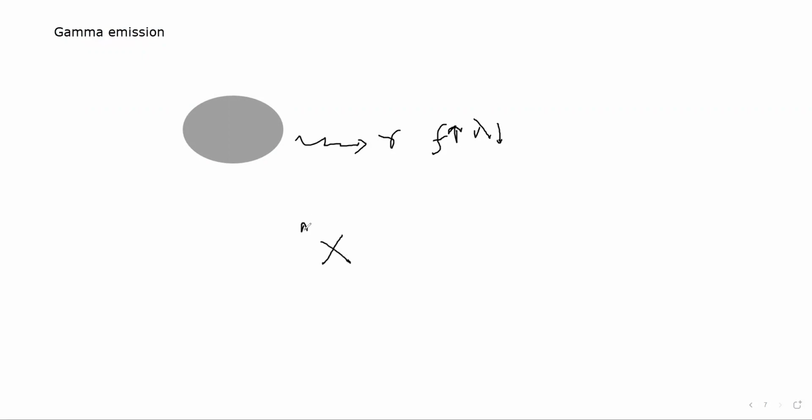Element X remains element X because there's no change in the particles; it is associated only with the vibration or movement of the nucleus, and it emits gamma rays. Is it clear?